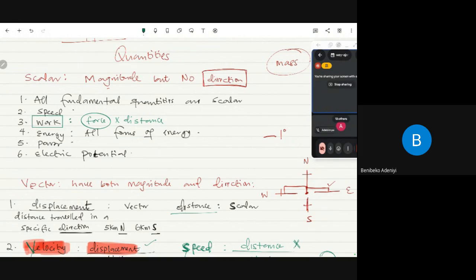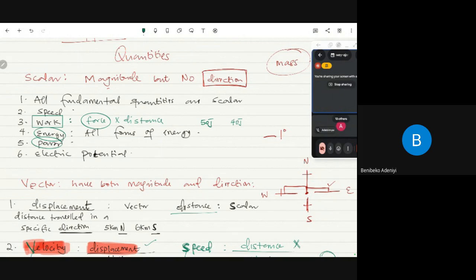Now let's do that definition of work. Does it make sense to describe work with direction? If I tell you that I do 50 joules of work, but this 50 joules of work is I get to London, we're not able to do 50 joules, we're just able to do 40 joules of work. It doesn't make sense to describe work with direction, as well as energy, as well as power.